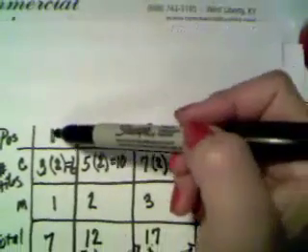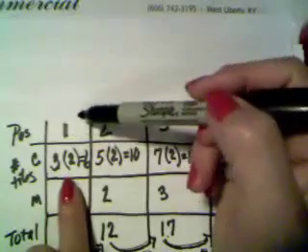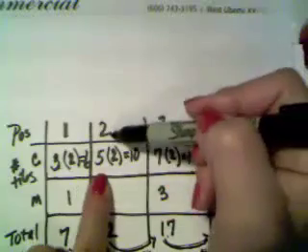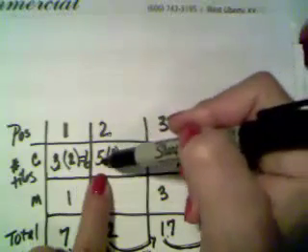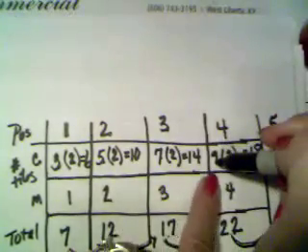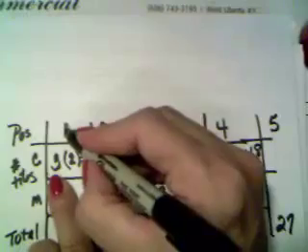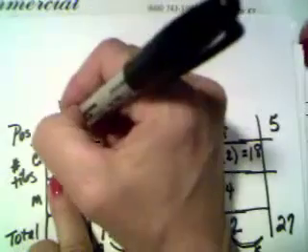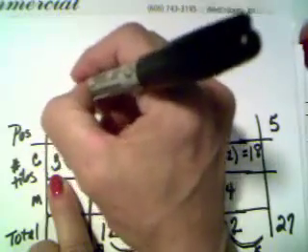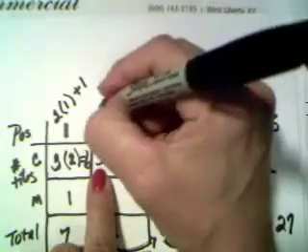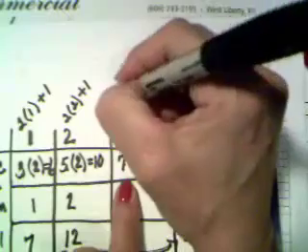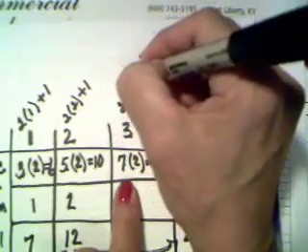But I need to look at what I can do to 1 to get 3, that I can do to 2 to get 5, 3 to get 7, 4 to get 9. And what I see is that I can double the position and add 1.